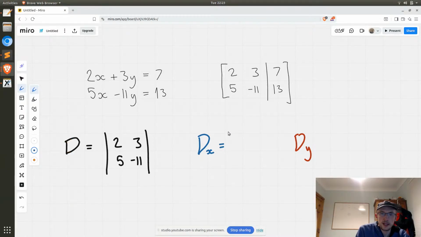And here's what dx looks like. It's the determinant of this matrix, where the 2 and the 5 here, I replace them with the 7 and the 13. And the 3 and the -11 stay where they are.